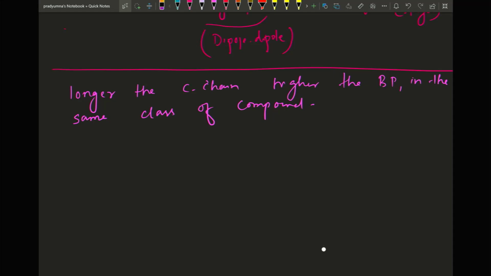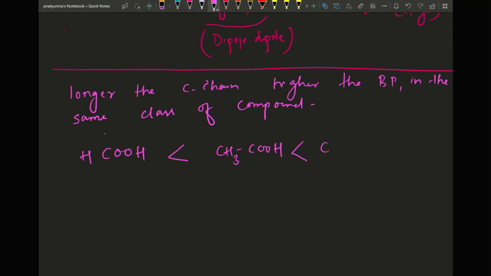In this case, we can write the carboxylic acid like this, COOH. The boiling point of this one would be smaller than CH3COOH.